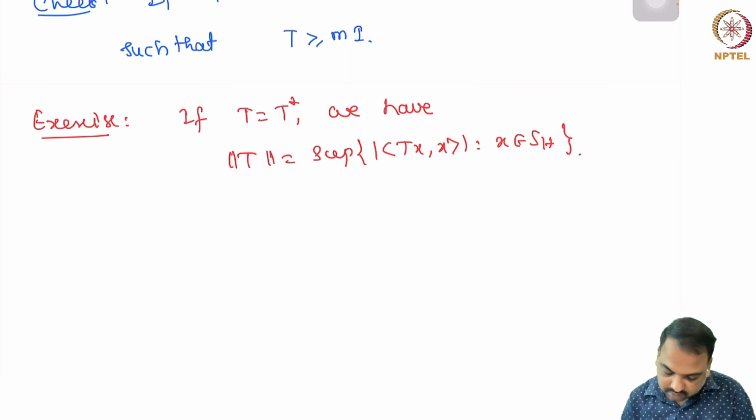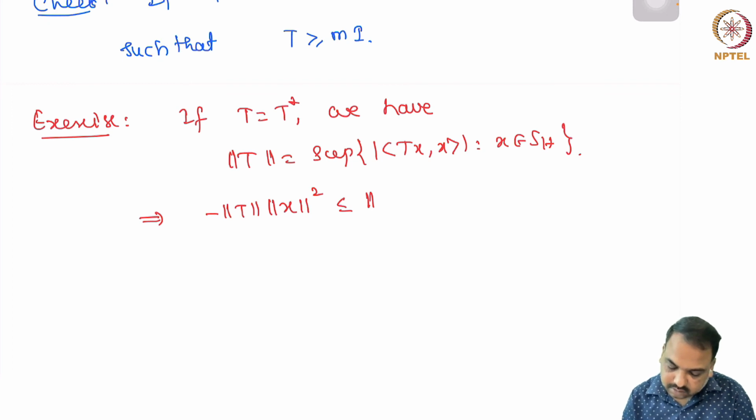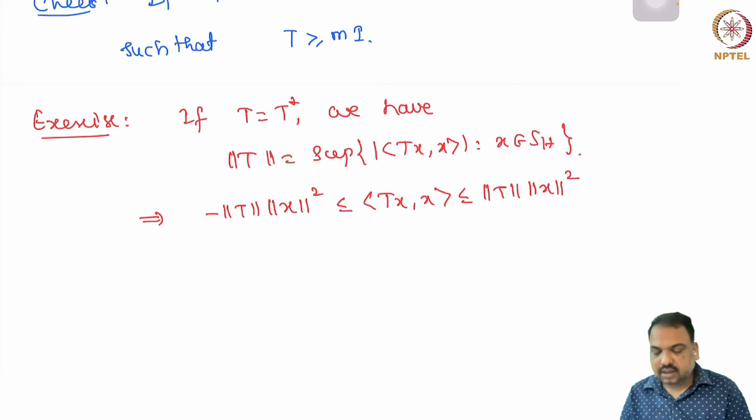Now from this we can say that minus norm T times norm x squared is less than inner product Tx with x, which is less than norm T, because norm T is bigger than inner product Tx with x when norm x is 1.